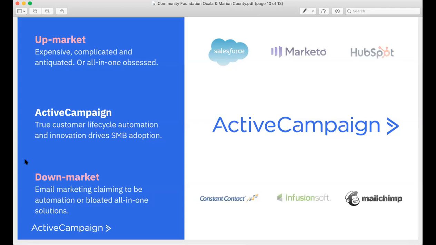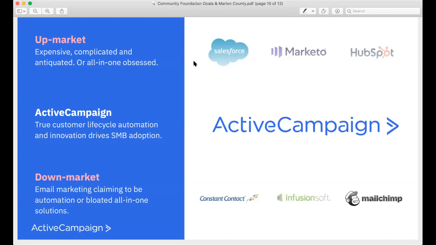And also things I'm hearing constantly is that they're looking for ways to better segment and start using automation in their day-to-day. Now, we're also able to support customers coming to us from more all-in-one solutions, often very expensive, and we're able to be a good fit there because we truly are this automation powerhouse. The functionality is second to none, and you can also build a very customized marketing stack with ActiveCampaign.